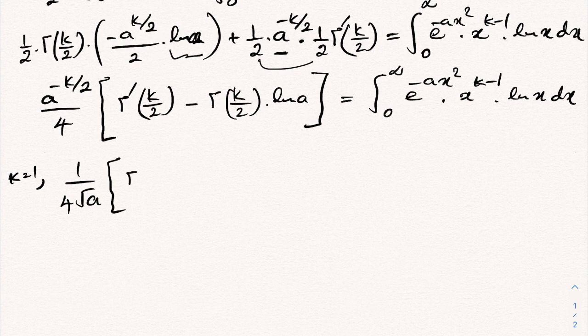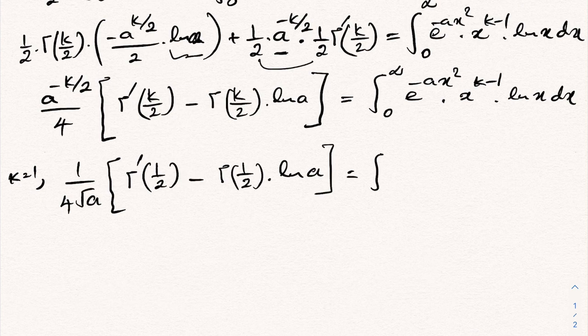Here we have gamma dash of 1/2 minus gamma of 1/2 times natural log of a is equal to the integral from 0 to infinity of e^(-a x^2) times, here k we know 1, so x to the 0 power, 1, natural log of x dx.